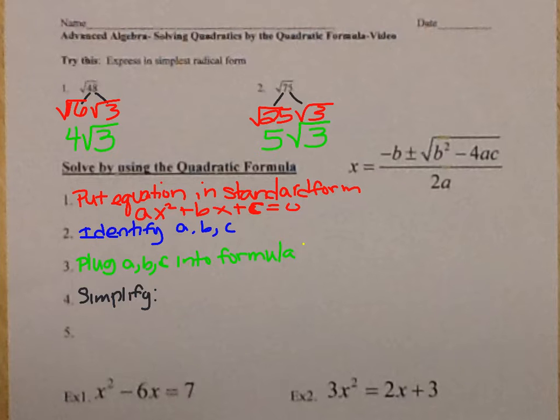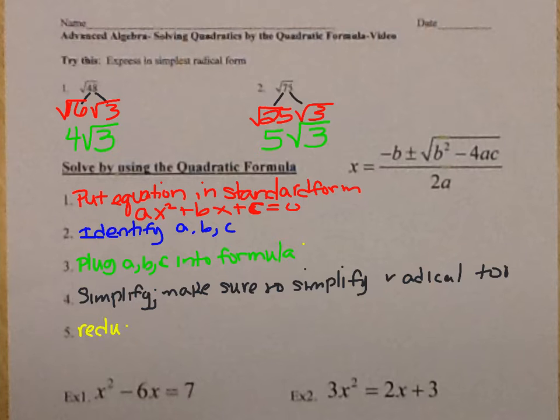So now, when you simplify, make sure you also simplify the radical. Okay, last thing is to reduce. Now when you reduce, I want you to break apart and then reduce.